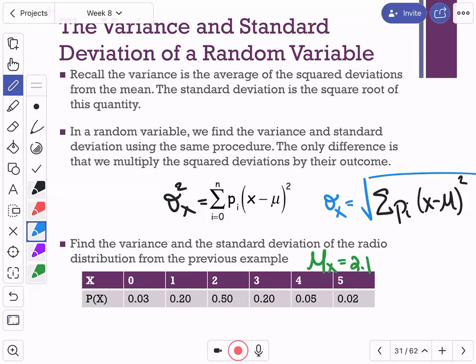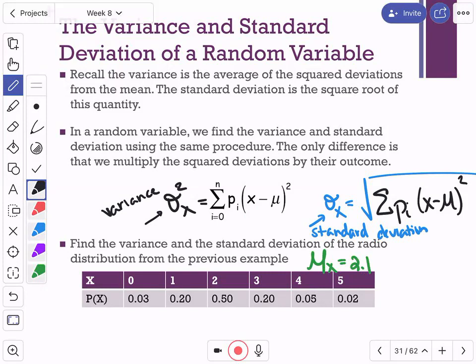So sigma X is the standard deviation. This right here is the variance. To get to the standard deviation, we have to find the variance first, generally speaking.